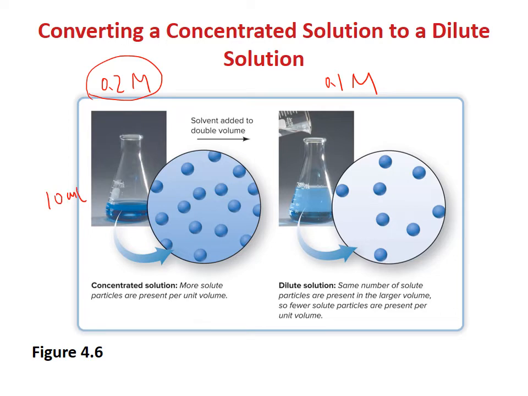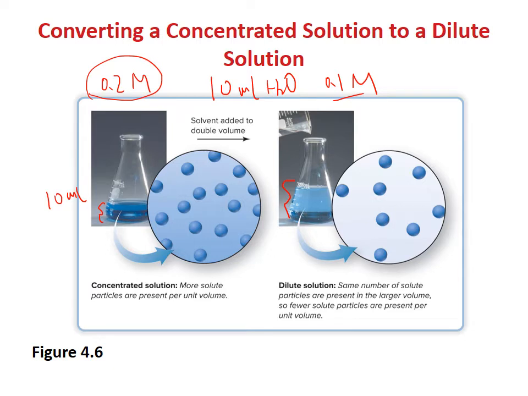And then we add an equal amount of water, so 10 milliliter of distilled water. So the total volume doubles. But the solute doesn't change, and therefore the concentration becomes half, from 0.2 becomes 0.1.